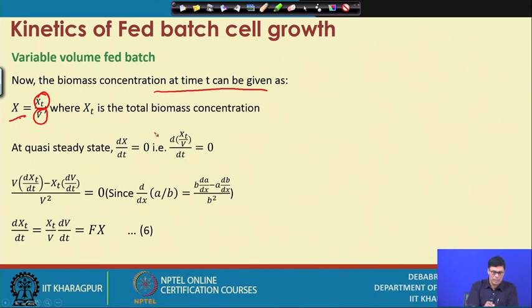Then we can write d(Xt by V) by dt equal to 0. Then we can differentiate this, and we will get this equation, and this is the formula that we have. And then this equation we can write in this form, dXt by dt equal to Xt by V dV by dt equal to F into x. This we can analyze, and we can write like this.